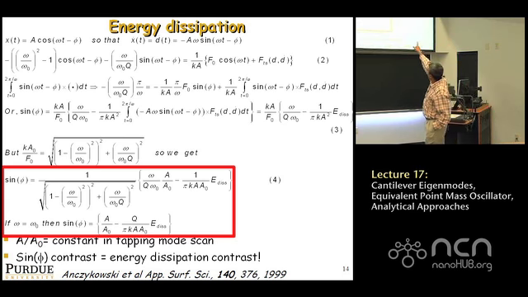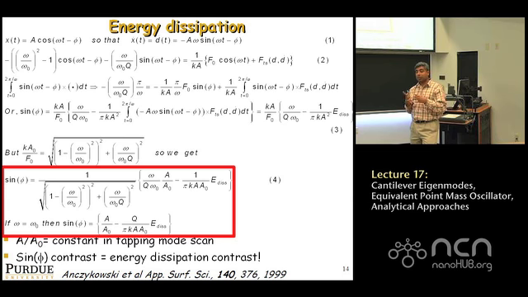So that integral term is basically tip velocity times the interaction force. So the integral contains the tip sample interaction force F_TS multiplied by A omega times sine(omega t minus phi). A omega times sine(omega t minus phi) is the tip velocity. You see that on the very top? x dot, tip velocity. That's what it is.